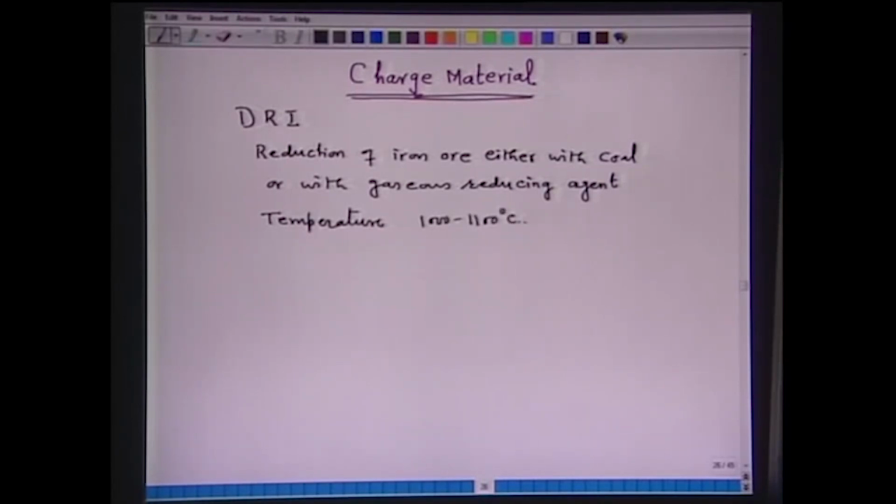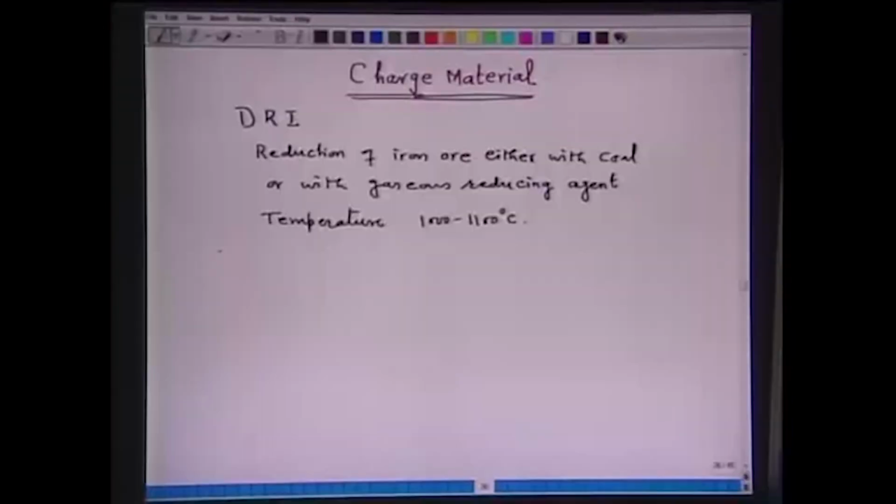That means we are not melting any component of the iron ore, simply the oxygen content of iron oxide is getting removed. So, whatever impurities will be in the iron ore, the same will be transferred into the DRI. So, essentially DRI or HBI both are the same thing.